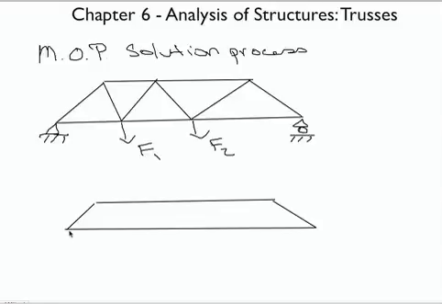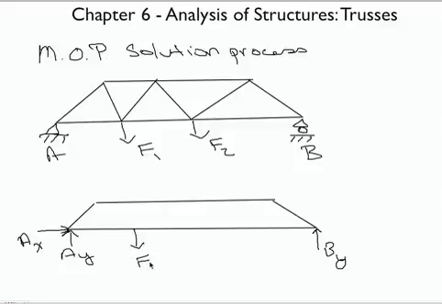So we would have the two reactions here, we'll call these A and B, and then our two external forces, F1 and F2. And then we just solve this. We treat this whole truss as a body and solve for the reactions at A and at B. And then once we have those reactions, we start disassembling the body.